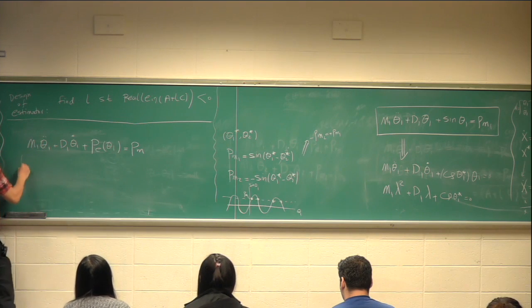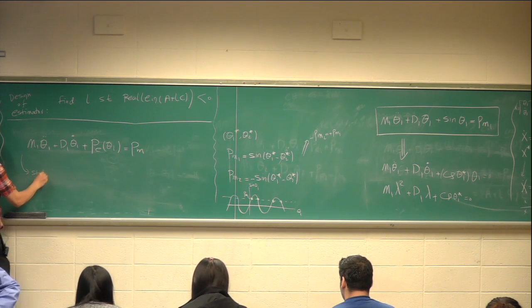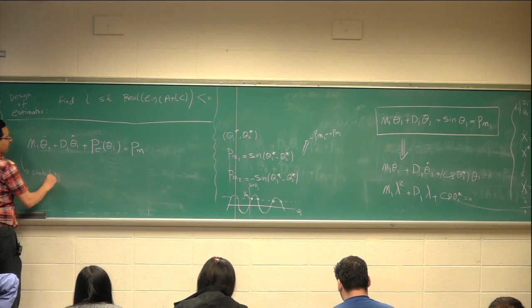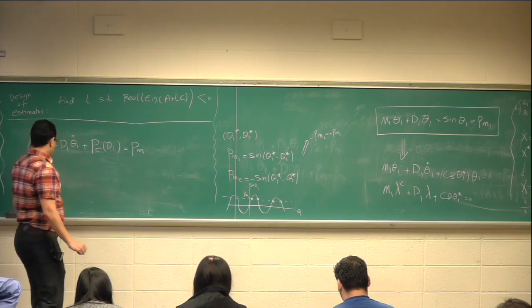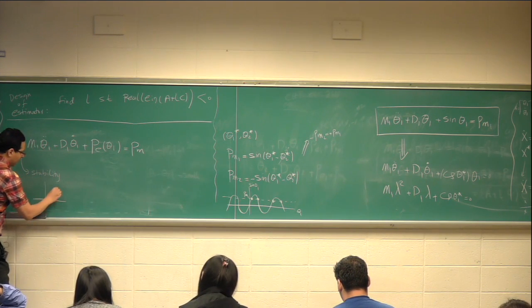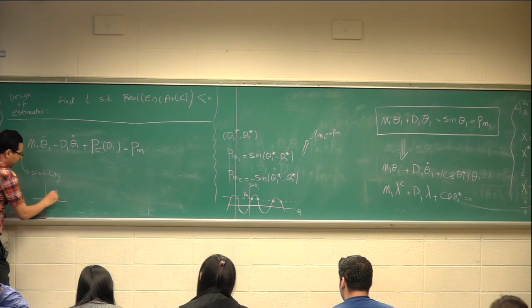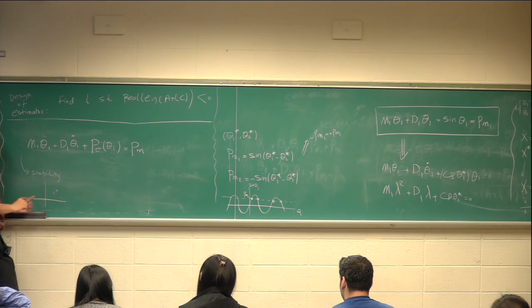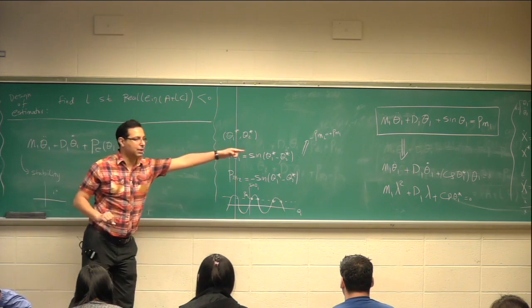Then remember, for stability, there are two ways to look at it. If this is an equilibrium, we said if we care about a little perturbation, I perturb it a little and I hope that it gets back there. That's linearization.